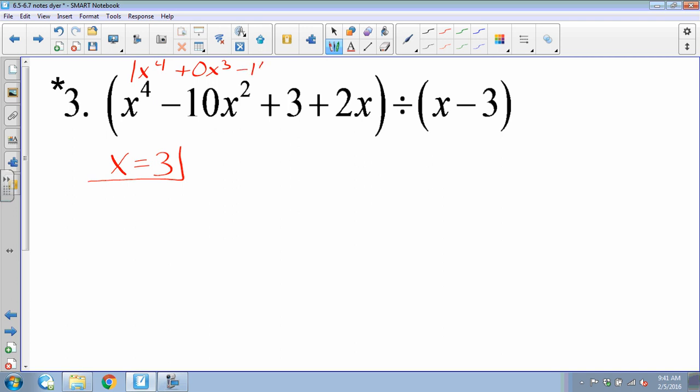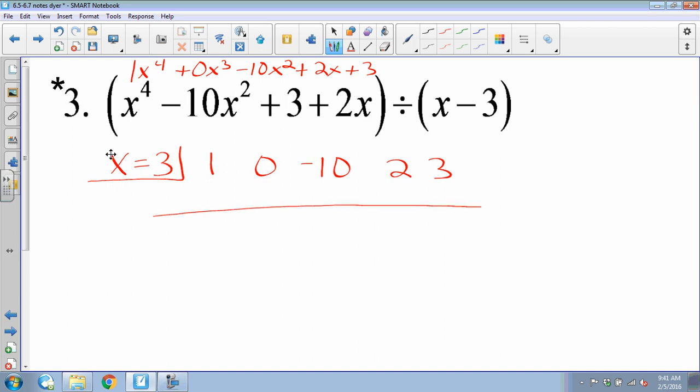And then minus 10x squared. And then plus 2x, and then plus 3. So, it's 1, 0, negative 10, 2, and 3. And I know whatever that ends up being is going to be my remainder. So, bring down the 1. Multiply it times 3.